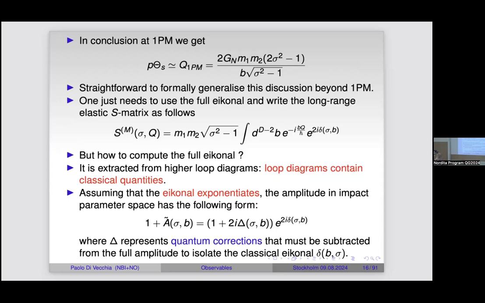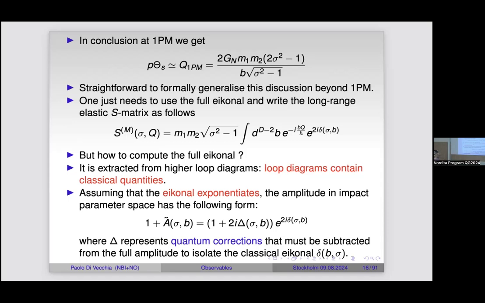Now, I have extracted the leading eikonal from the tree diagram. The next-to-leading and next-to-next-to-leading eikonal are extracted from the loop diagrams. The loop diagrams contain classical quantities, and we have to extract this classical quantity from the quantum scattering amplitude.